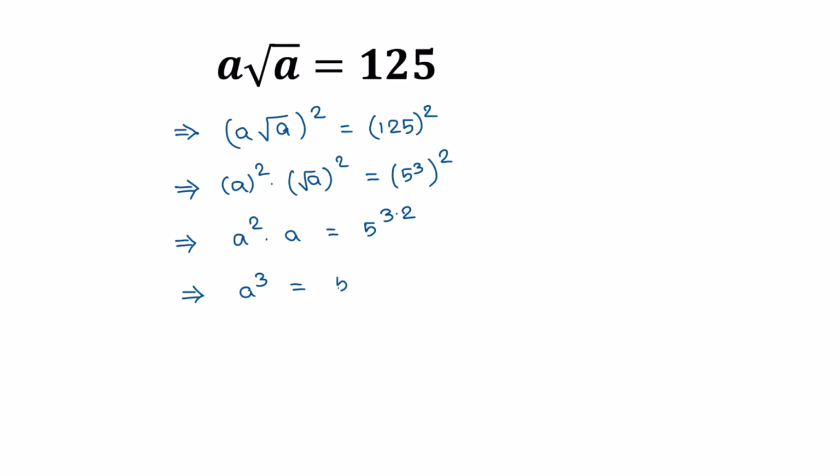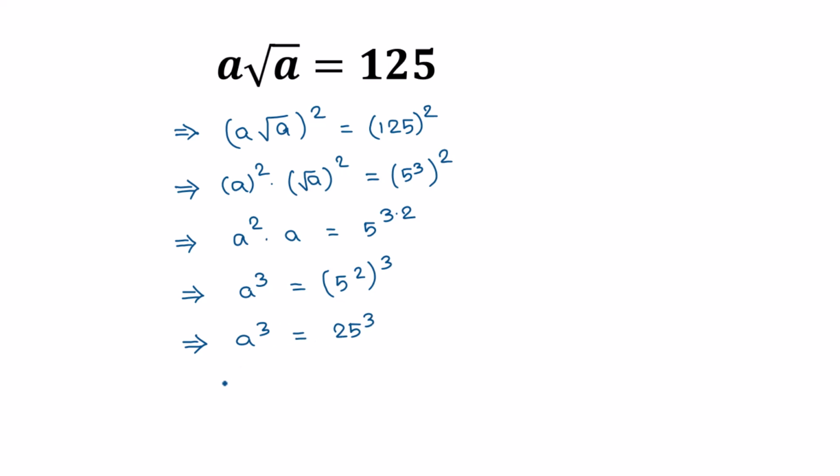This is 5 square whole to the power 3, and this is the same as 5 to the power 3 times 2, or left side a cube is equal to 5 square, which is 25, to the power 3.